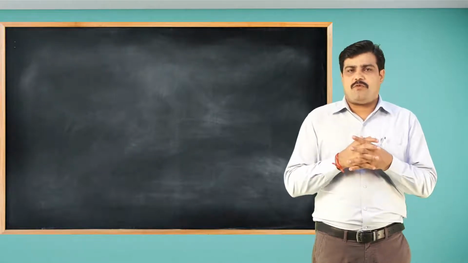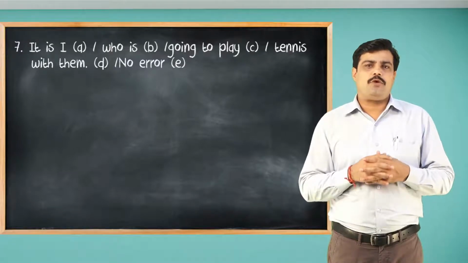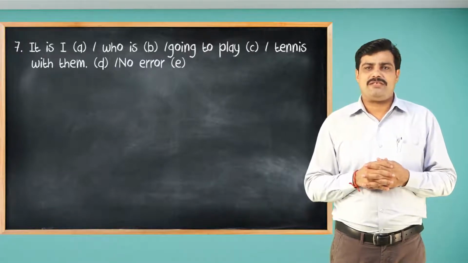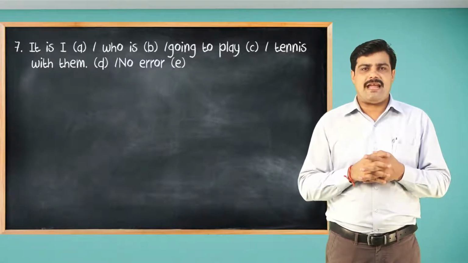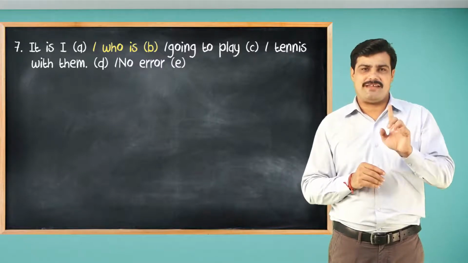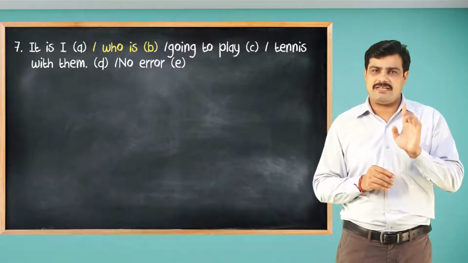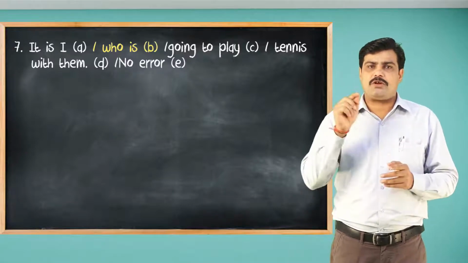Okay, here is one more sentence. It is I who is going to play tennis with them. Now in this sentence, there is an error in part B, because part A is right. It is I, subjective case, that is right. But who, in the second part, is wrong.